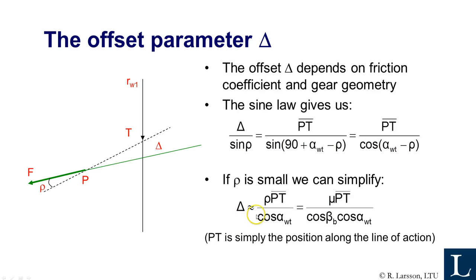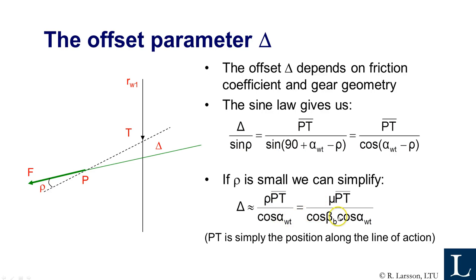So you can simplify it in this way, and you get a nice expression of the delta. So it's rho, the angle, multiplied by the coordinate pt, which is the coordinate along the line of action, it's a variable, divided by cosine of alpha wt, which is the pressure angle.